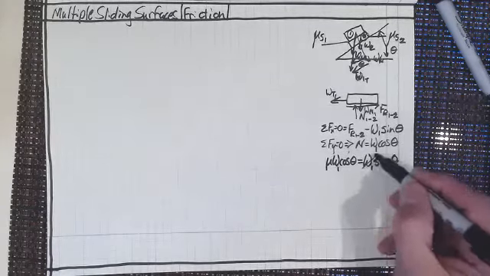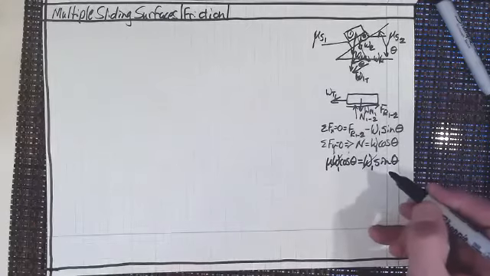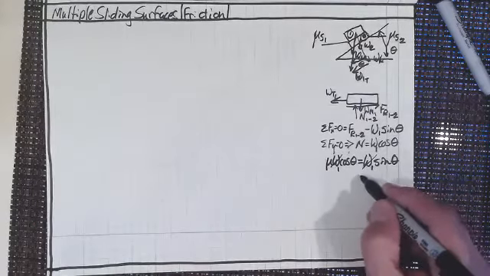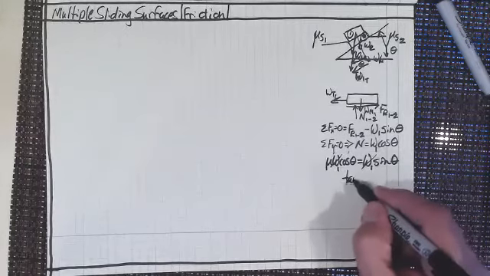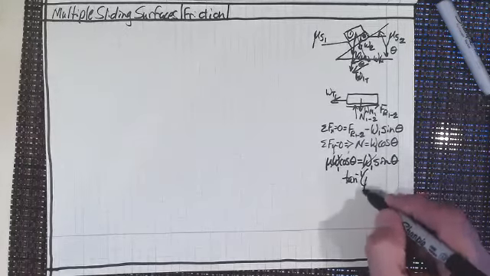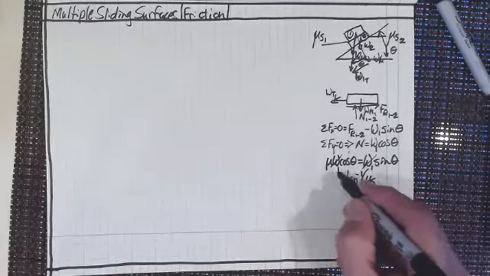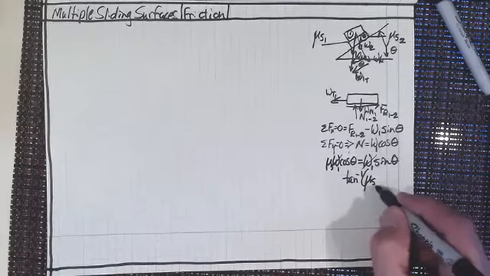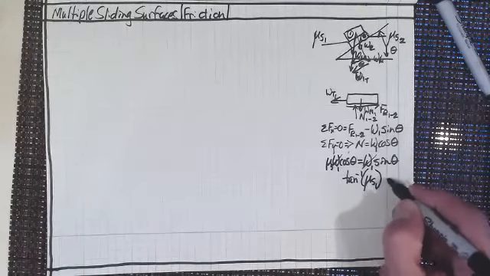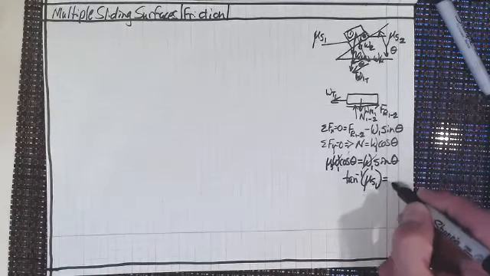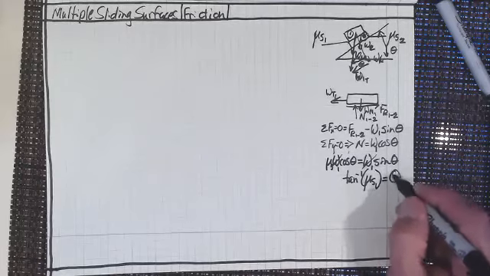The W1s cancel out on both sides, and what that shows us is that the inverse tangent of mu sub S1 equals theta.